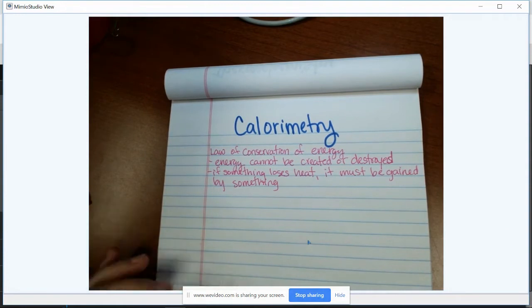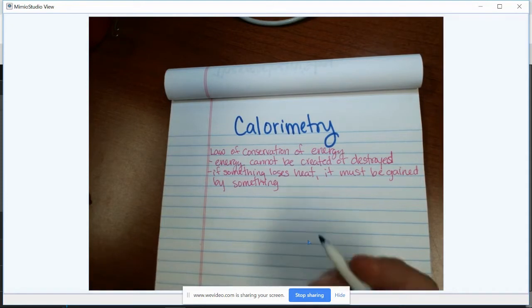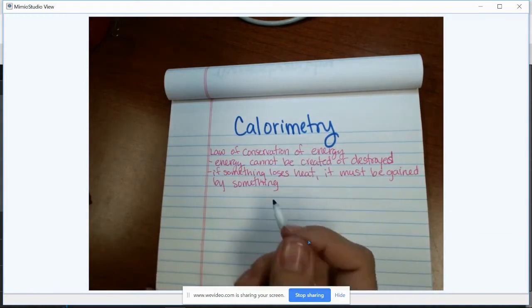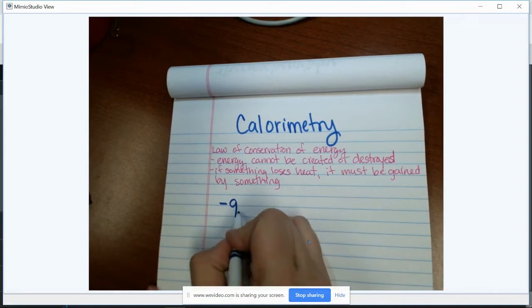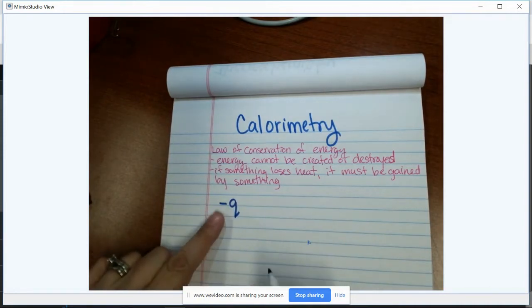There's a relationship, and we talked about Q last time, that compares how heat is lost from one thing and gained by another. When we worked out some of those Q equals MCΔT questions, one of our Q's ended up with a negative sign on it. That was telling us that heat was lost.